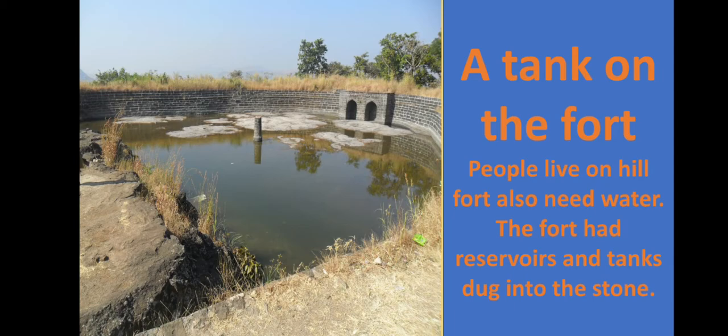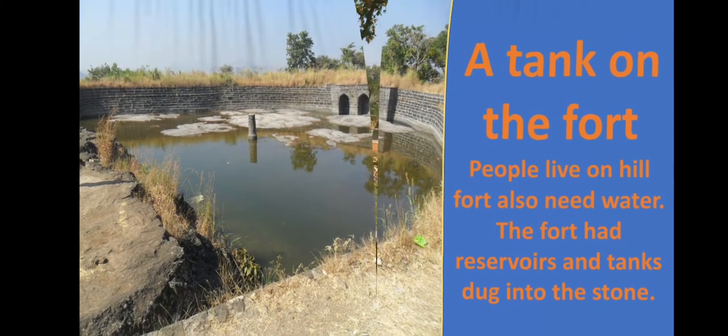People lived on the hill forts in the past, as we saw in EVS II, in Shivaji's time. The hill forts were there. They also needed water. The forts had reservoirs and tanks dug into the stone.